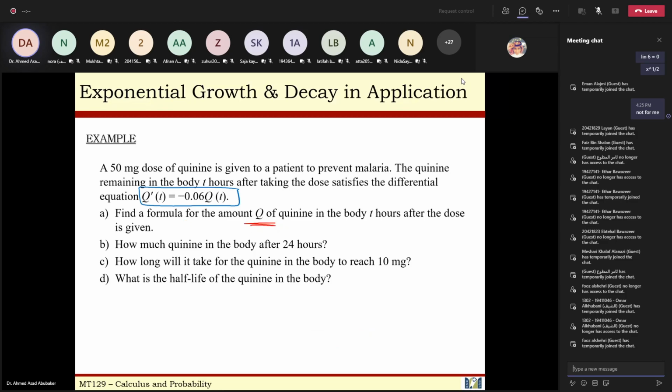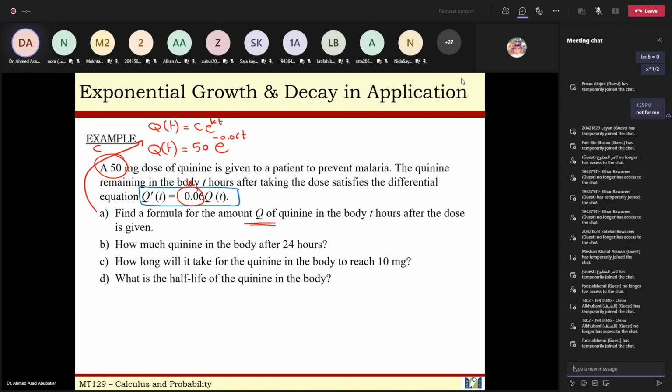To find the Q of T, this is equal to what? C times e to the power kt. So Q of T equals C, the initial 50, and this is the k, so e to the power negative 0.06 T. Why is the k negative?